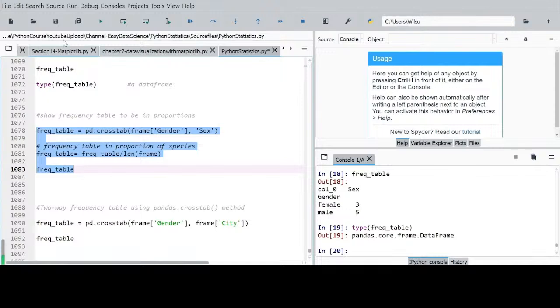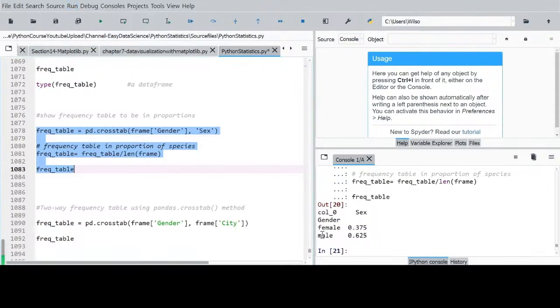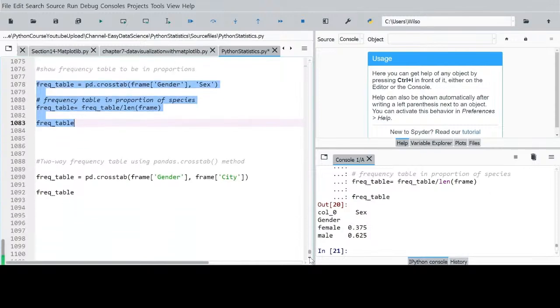Then we show the result. So the result is also a data frame with the same index label and column label, but the value part has been modified as frequency proportion.